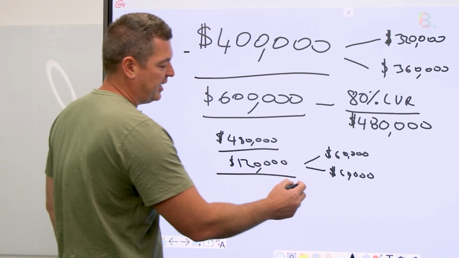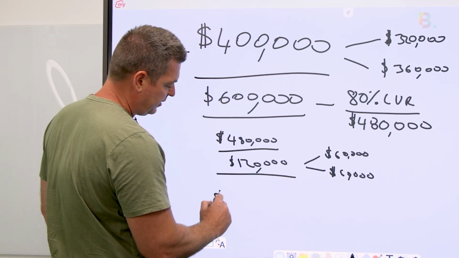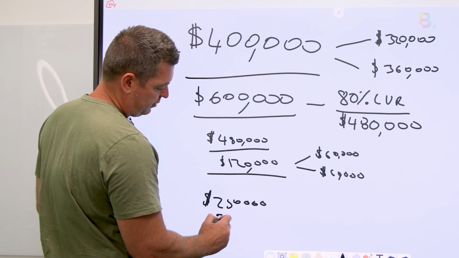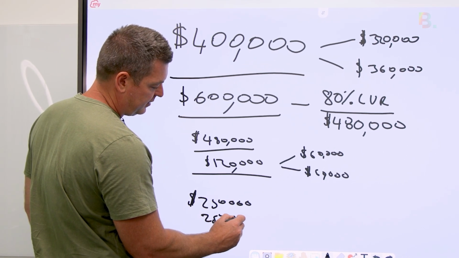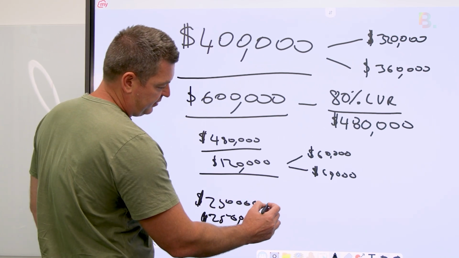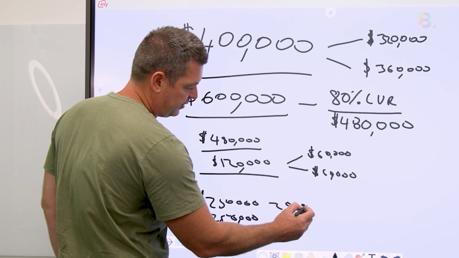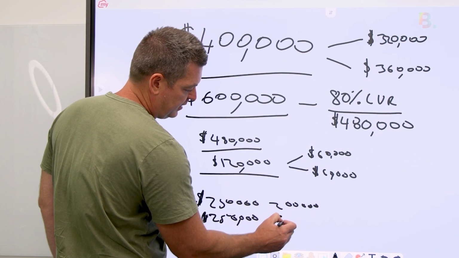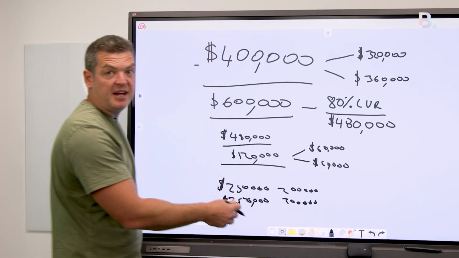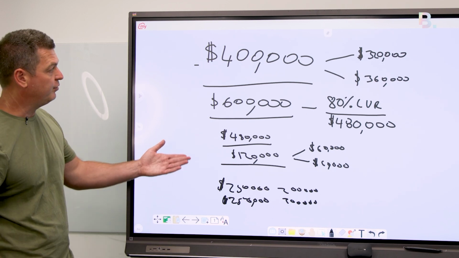You could buy a property for, say, $250,000 apiece, $250,000 for the second one. And you'd have, say, a $200,000 loan on each one, because you're pulling 50K of that and you've got 10K for leftover costs.